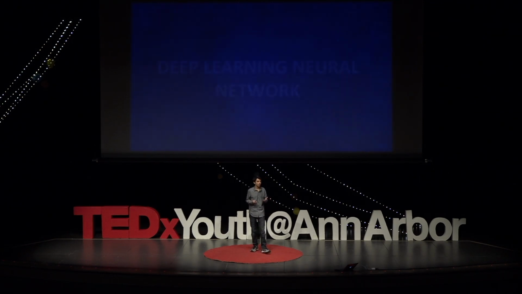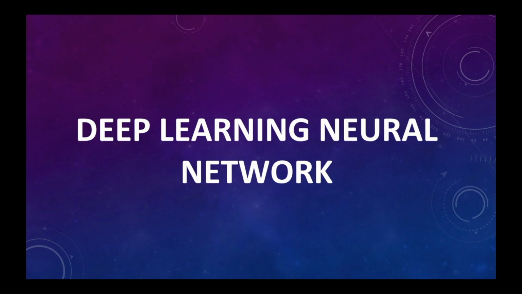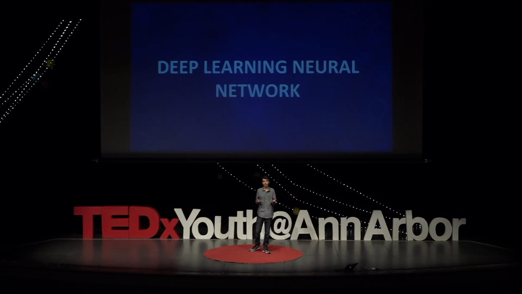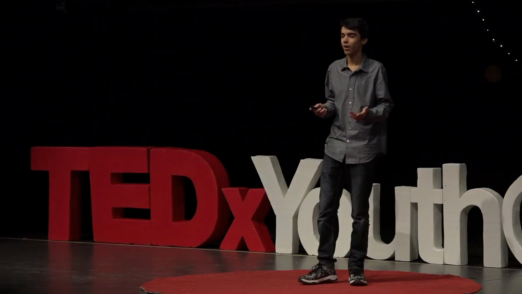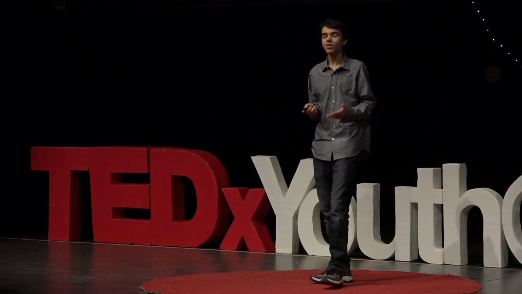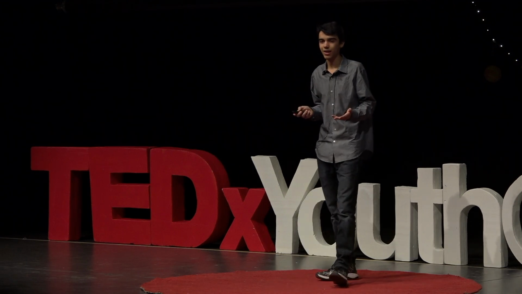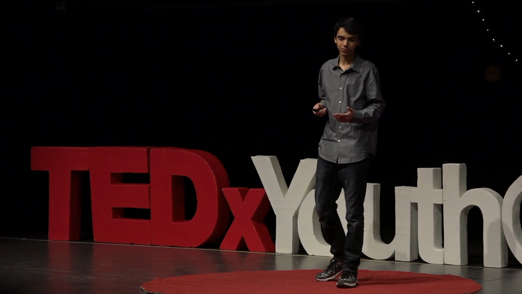But recently, a new thing was introduced: deep learning neural networks. Deep learning is an artificial intelligence-based algorithm that makes connections and can adapt to the information you use. Now, when people think about artificial intelligence, the first thing they think about is Terminator or the annihilation of the human race. But it's obviously much more complex than that. Now, I'm not saying that that's not going to happen, but luckily for now, that's not the case, and they're under our control.